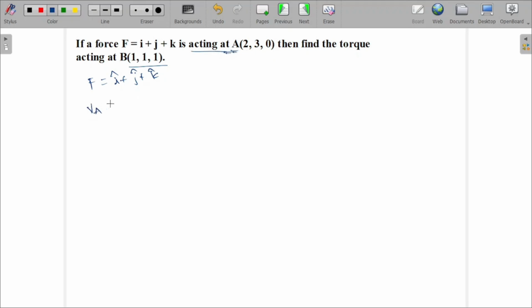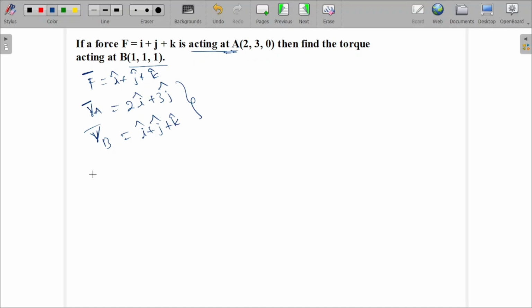So RA bar equals 2 i cap plus 3 j cap plus 0 k cap. Next, RB bar equals i cap plus j cap plus k cap. The force acts at A, find the torque at B.